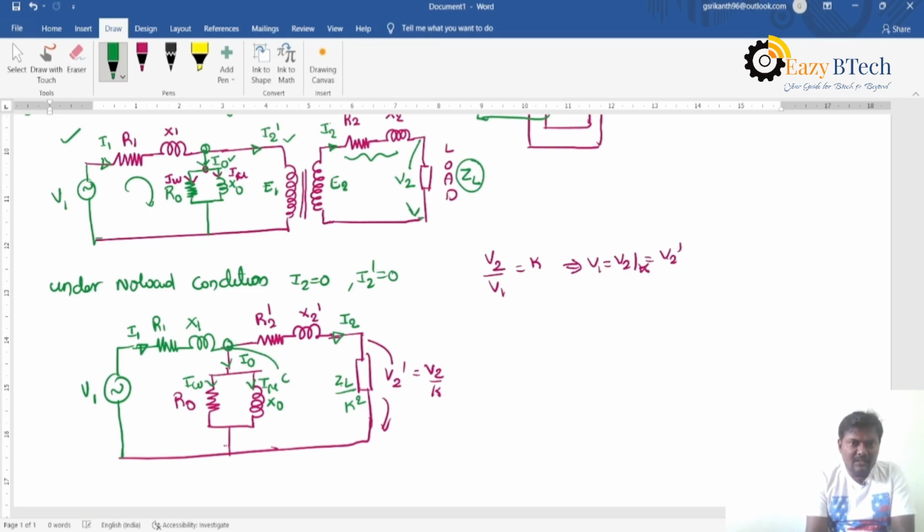The voltage applied across this node is E1, which should be equal to E2 by K. We know that E2 by E1 is equal to K, so E1 is equal to E2 divided by K.